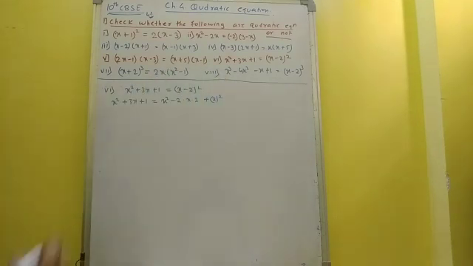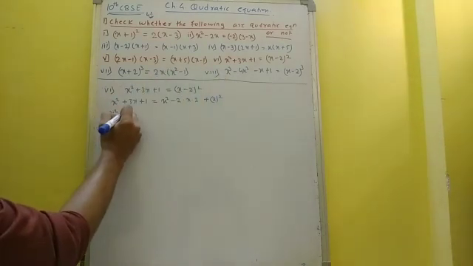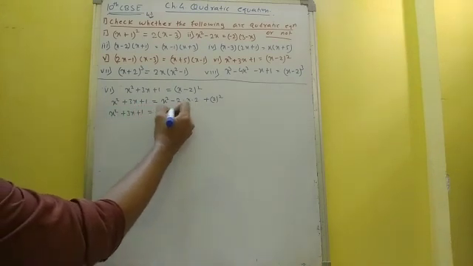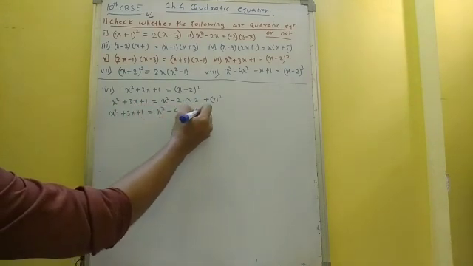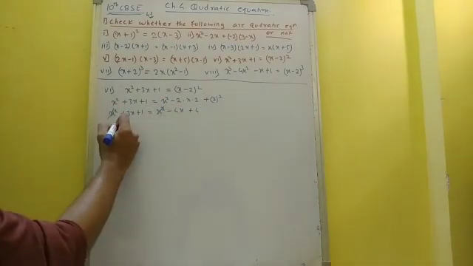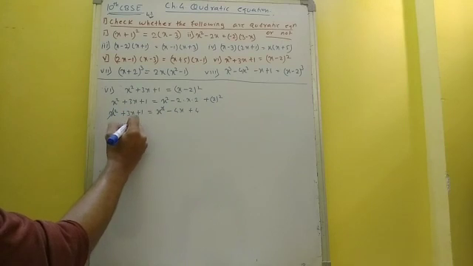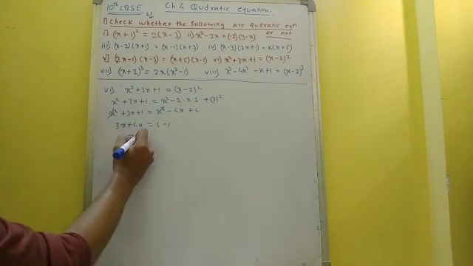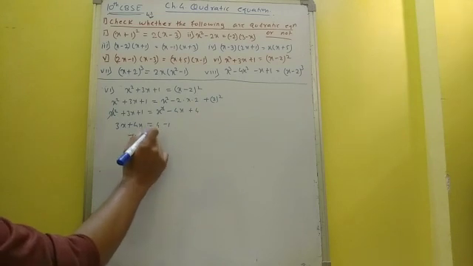Okay. So I have x square plus 3x plus 1. x square, 2 2s are 4x plus 4. x square gets cancelled. So 3x will come this side, 4x will come this side. 3x plus 4x is equal to 4 minus 1. 7x is equal to 3.